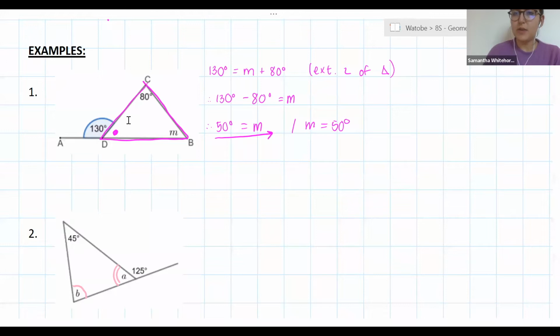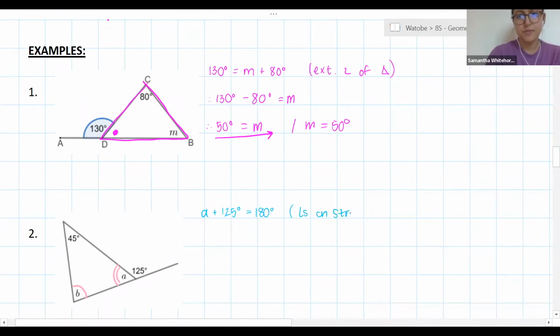Alrighty. Emmanuel, do you want to tell us something about question 2? Yes, ma'am. And hi, everybody. Hello. Ma'am, so for A, I said A plus 125 equals 180 degrees because angles on a straight line. Good. And then I said A equals 180 minus 125.